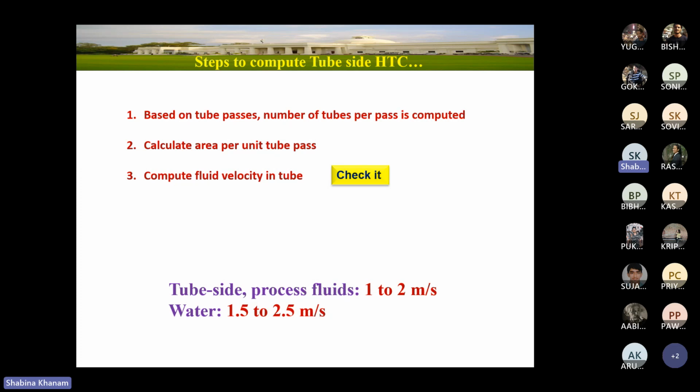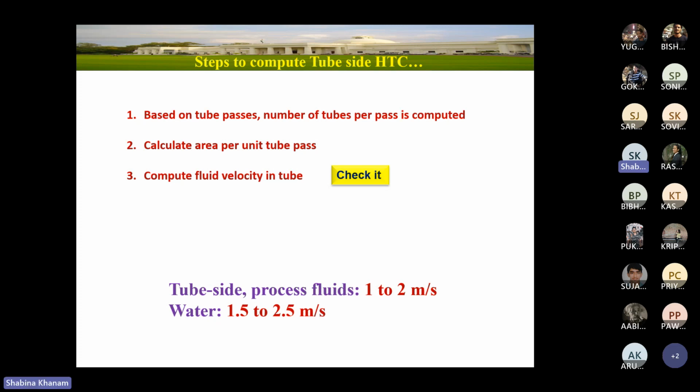Let's say, how should I tell that to you? Let's say you are having 90 tubes, so if you are making half of that, 45 tubes will be there. Now if you are making that a quarter, it should be 22.5. But in that case you need to consider the number of tubes as a complete number, so that should be 23.